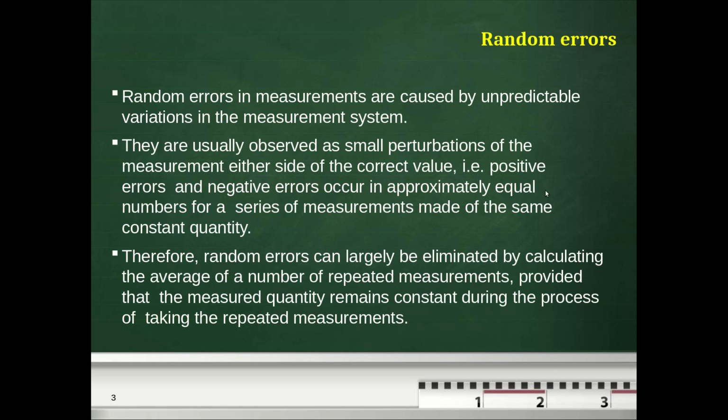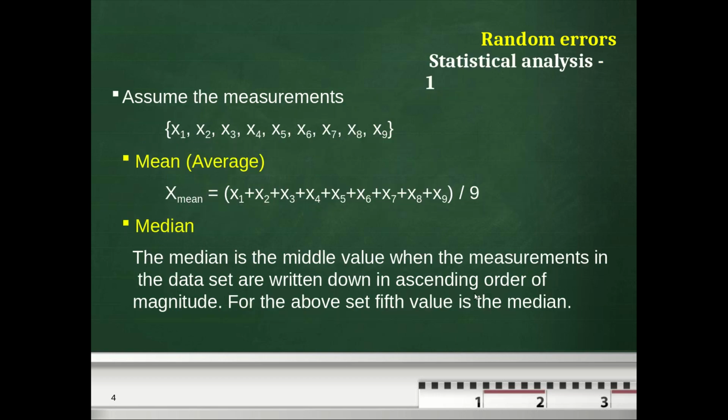Random error is caused by unpredictable variation in the measurement system, and may be small perturbations in the measurements on either side of the correct value, so positive or negative, occurring around the correct value. The random error can be eliminated by calculating the average of a number of repeated measurements.